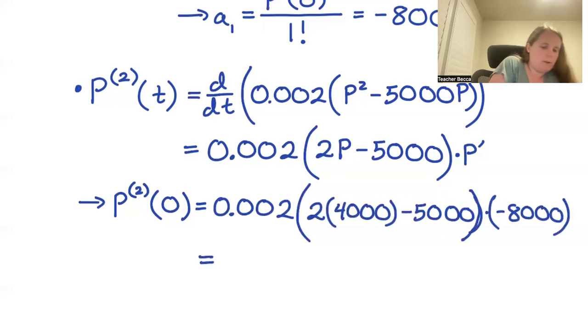If we multiply this out, we have 0.002 times 8,000 minus 5,000, which would be 3,000, times negative 8,000. And we get negative 48,000.